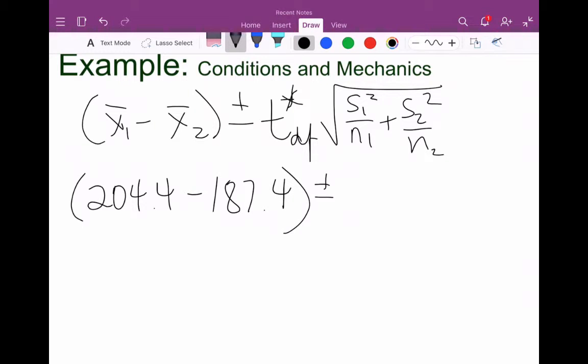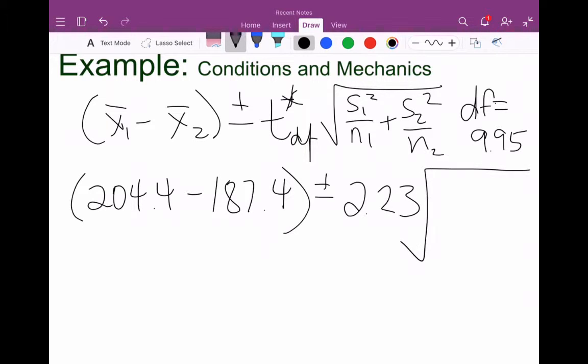Now, on our calculator, we find that the degrees of freedom is equal to 9.95. So, to find your critical value with 9.95 degrees of freedom with a 95% confidence level, we end up with a critical value of 2.23 times the square root of 14.6 squared over 6 plus 13.6 squared over 6. And this gives us an interval of negative 1.2 to 35.1.